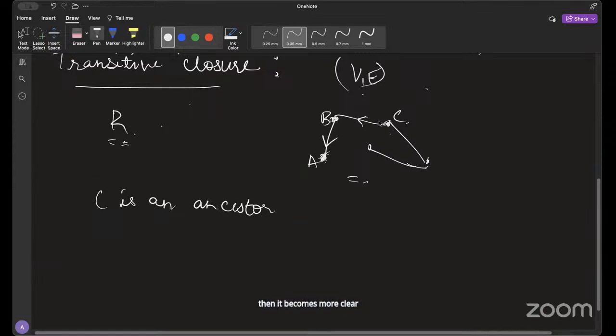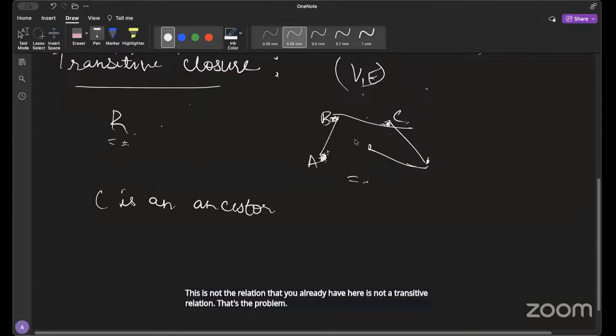Otherwise, even if it's an undirected graph, you can call it the ancestor. But the relation you already have here is not a transitive relation. That's the problem, because we've already seen there's no edge from A to C.